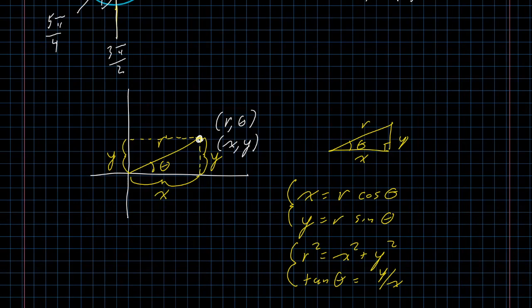And we usually think about these in two separate groupings. The first pair of equations will let us take any point given in polar coordinates and rewrite it in rectangular coordinates very easily. The second pair of equations will let us take something that's in rectangular coordinates and rewrite it in polar coordinates, although it's a little bit more of a challenge to do so.